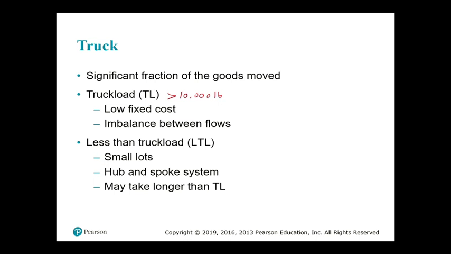The less than truckload operator tends to run a regional or a hub and spoke system. Hub and spoke meaning you have a hub in the middle, and then you go to smaller spokes.